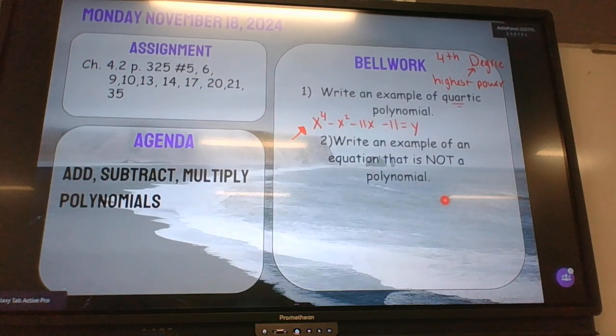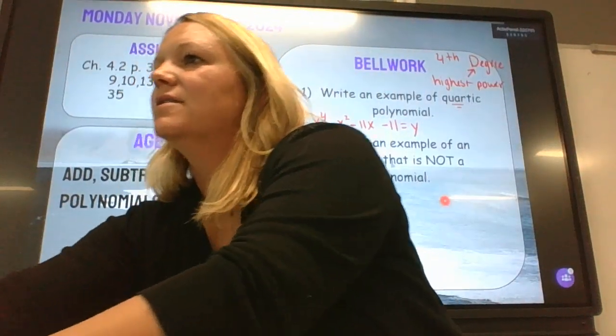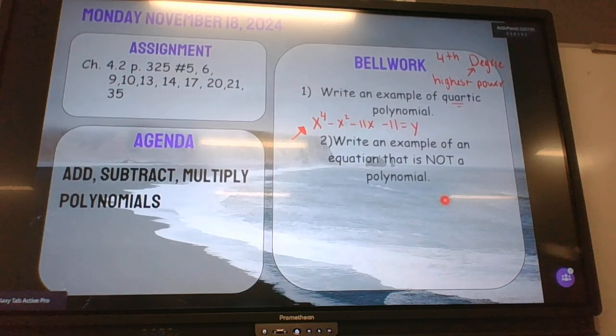Who got one that's not a polynomial? Ellington, did you do one that's not? Does anybody remember the rules that we talked about for what is considered a not polynomial?